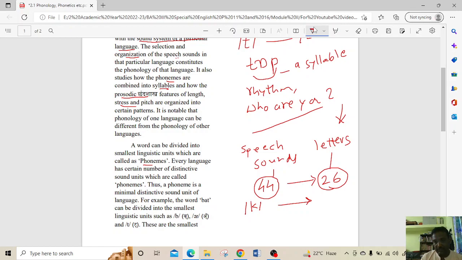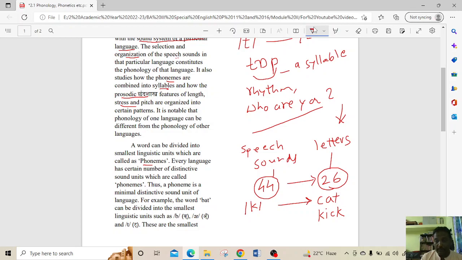Do you understand? For example, cat. Here the letter C is used, but the sound k can also be represented by the letter K, like kick. Do you understand? So in English, the letter system is different and the sounds, there are 44 sounds, that system is different.